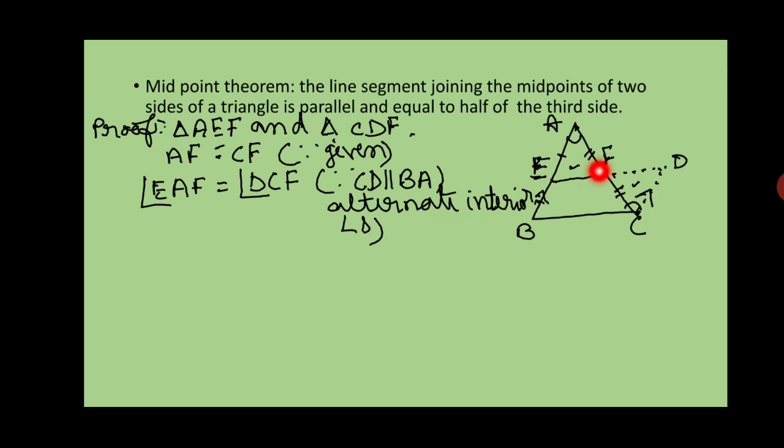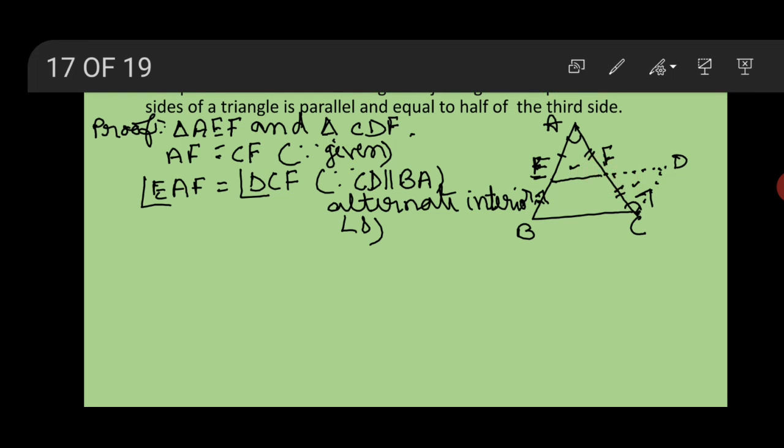Similarly, can you say these two angles are equal? Angle AFE is equal to angle CFD, or DFC, right? Why are they equal? Because these two angles are vertically opposite angles. First mark here these two angles, double mark this.